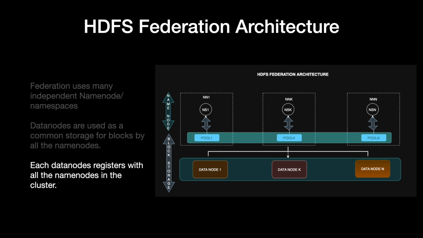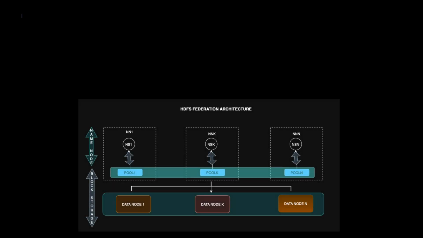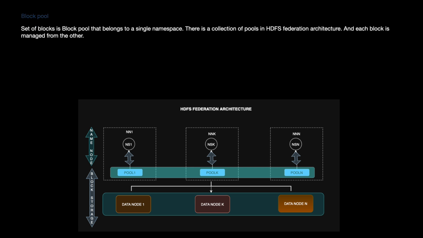What are these block pools, and we will also see what a namespace volume is. What is a block pool? A block pool is a set of blocks that belongs to a single namespace.